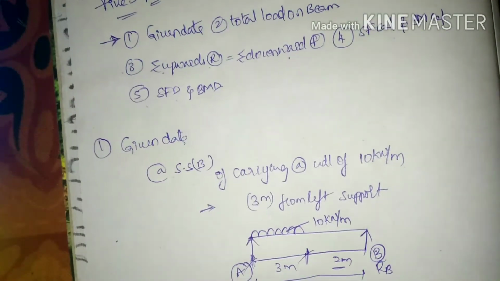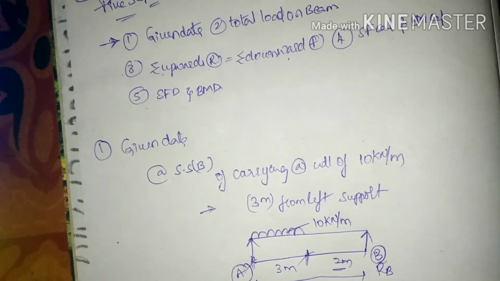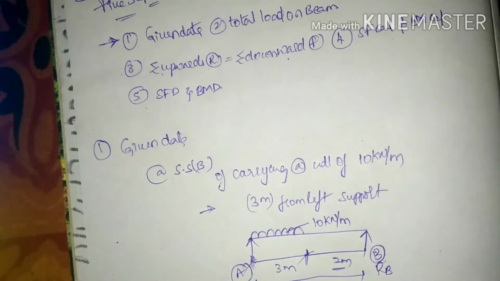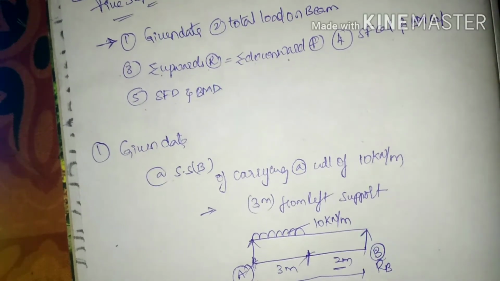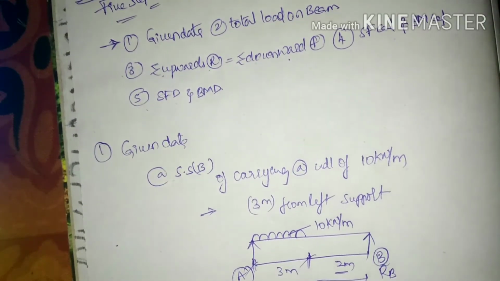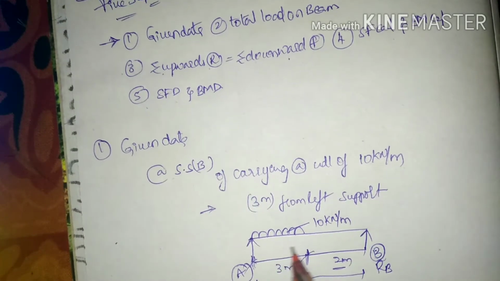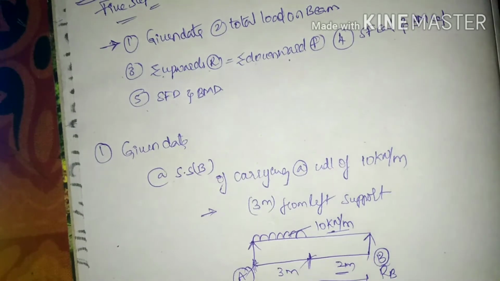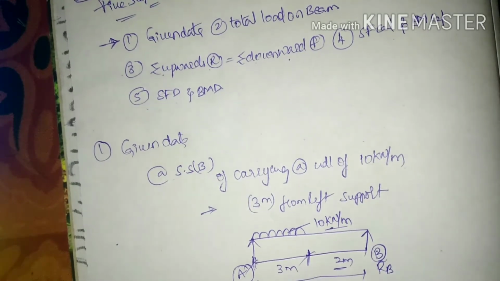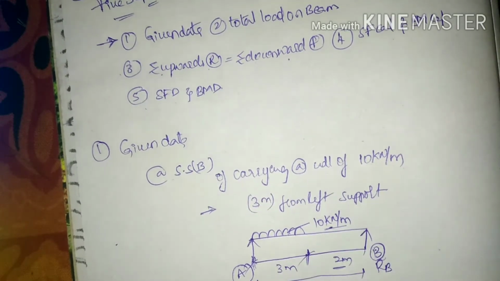Next, number 2, total load on beam. Here the load should be in kilonewtons, but we have a UDL in kilonewton per meter, so we have to convert this into kilonewtons.